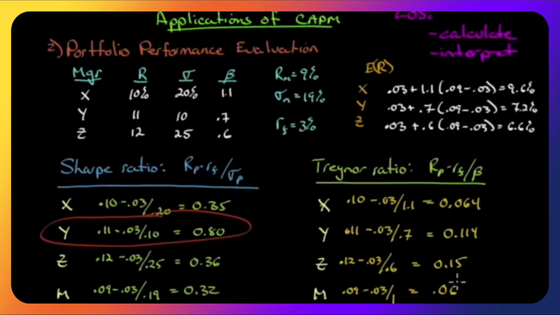Now that is based purely on systematic risk. We can see that the systematic risk of the portfolio was 0.6. The beta measure of 0.6 versus 0.7 for Y versus 1.1 for X. 1.1, which means if the market was up 10%, X, without doing any heavy lifting, should have been up 11% because its beta was 1.1.